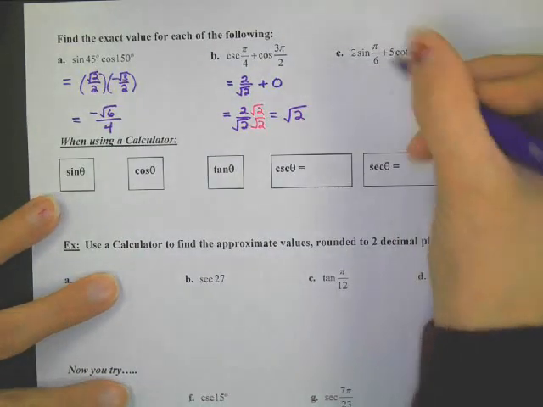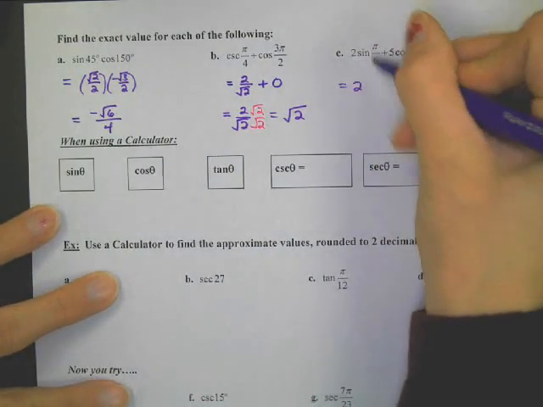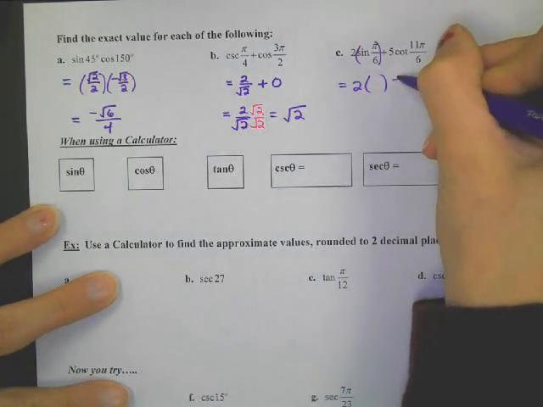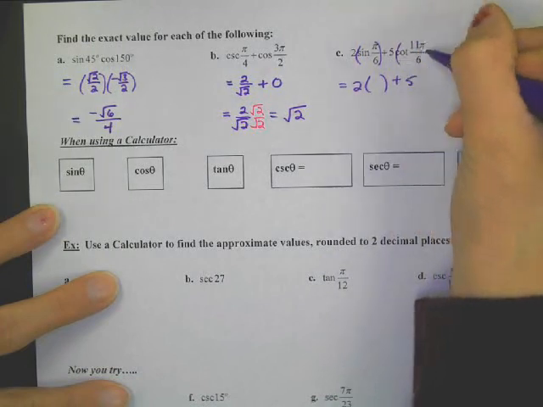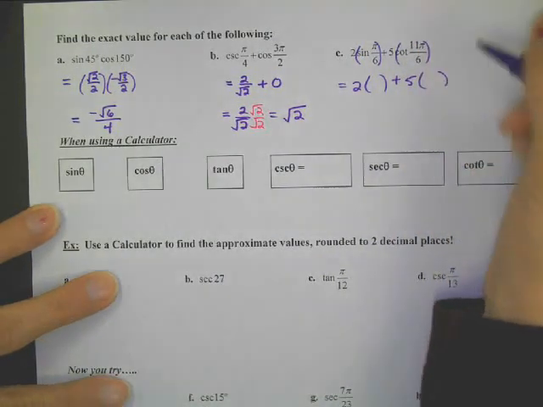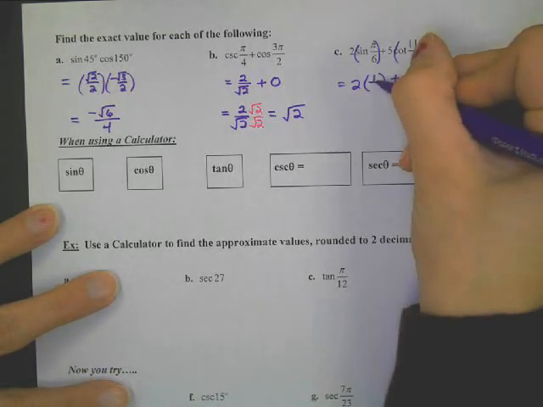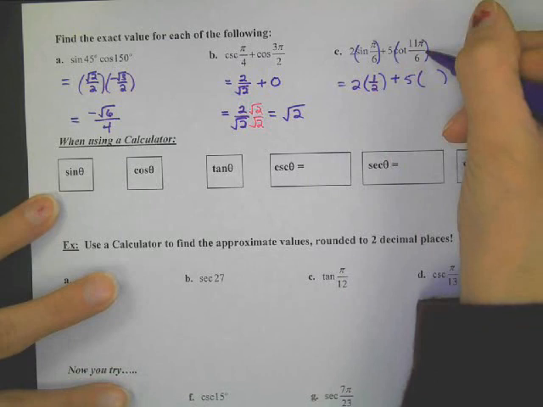Okay, one more. To do this problem here, we have to take 2 times the sine of pi over 6. So we have to get that value from the unit circle, plus 5, and then this value right here from the unit circle. So what is the sine of pi over 6? 1/2. Cotangent.